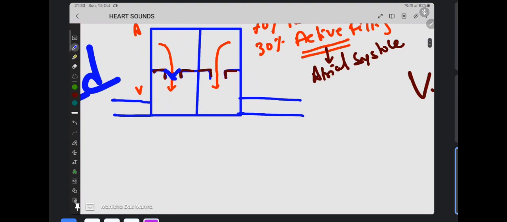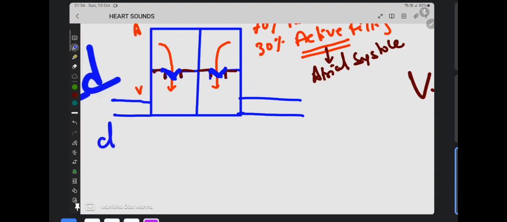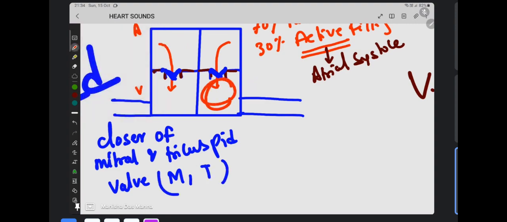Closure of the mitral and tricuspid valves. When the ventricle is filled totally with blood, then what happens?